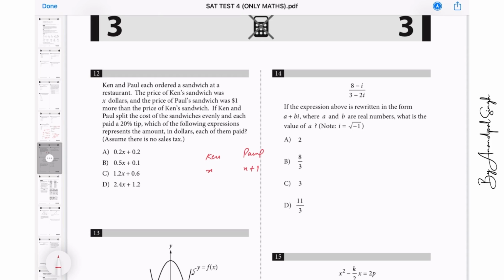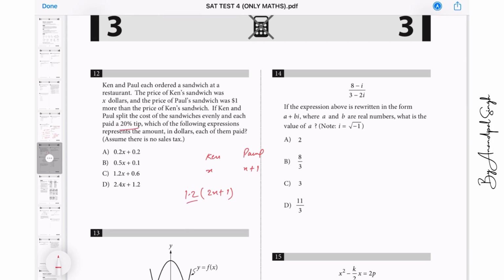If Ken and Paul split the cost of the sandwiches evenly and each paid a 20% tip, so both of them, the total is 2x plus 1, and then we multiply it by 1.2 because we are giving a tip of 20%. A 20% increase means it becomes 120%, which is 1.2. Which of the following is what each of them paid?